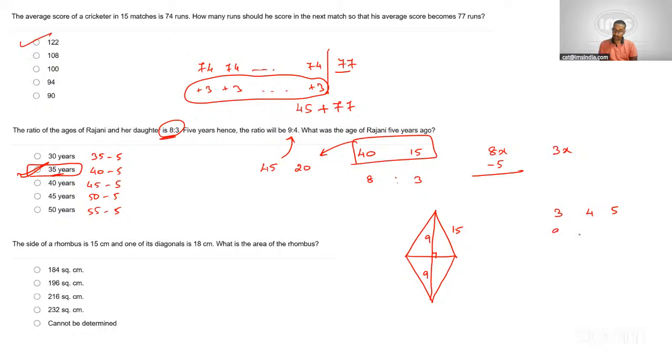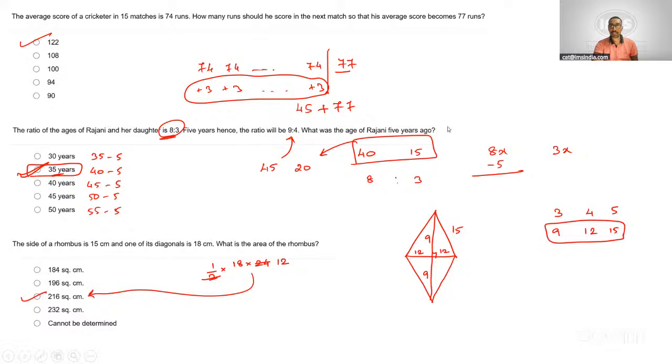If I triple all of them, I end up getting 9, 12, and 15. So this portion is 12. This portion is also 12. Area of the rhombus is half into product of the diagonals. Half into 18 into 24, which is 18 times 12 or 216 square centimeters. Moving on to the next questions.